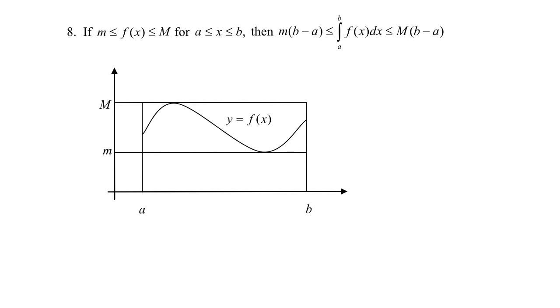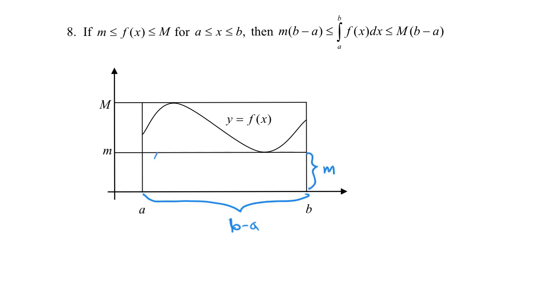Well, think about what this says. This distance right here is b minus a, right? Because if b is 10 and a is 2, you'd say, oh, that distance is 8. It's just b minus a. And then you've got this little m right here.